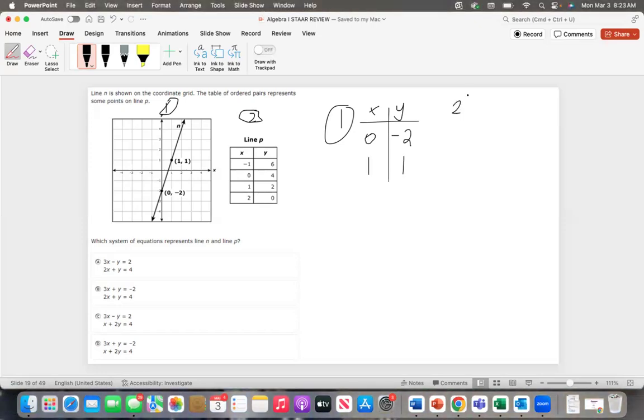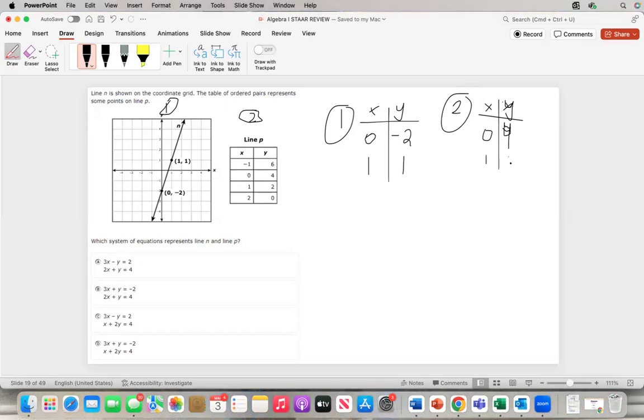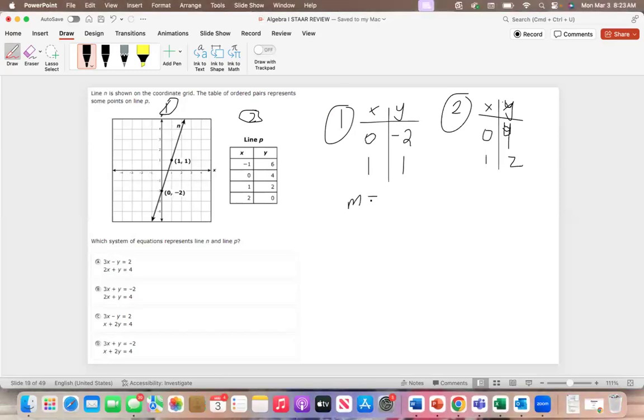For our second equation, however, they already gave us a table. So I'm going to pick two of those positive points. Real easy. So I'm just going to go with 0, 4 and 1, 2. Just two easy, quick points. Now for both, we need to figure out what is our M equal to and what is our B equal to.